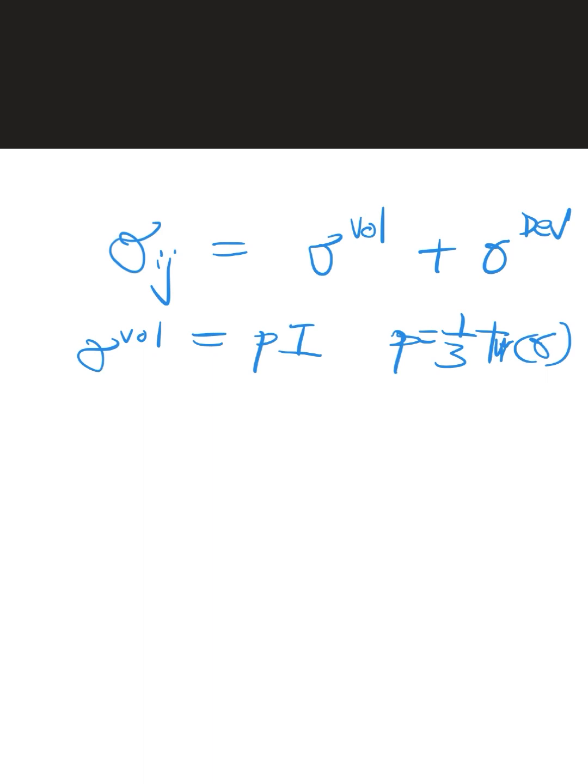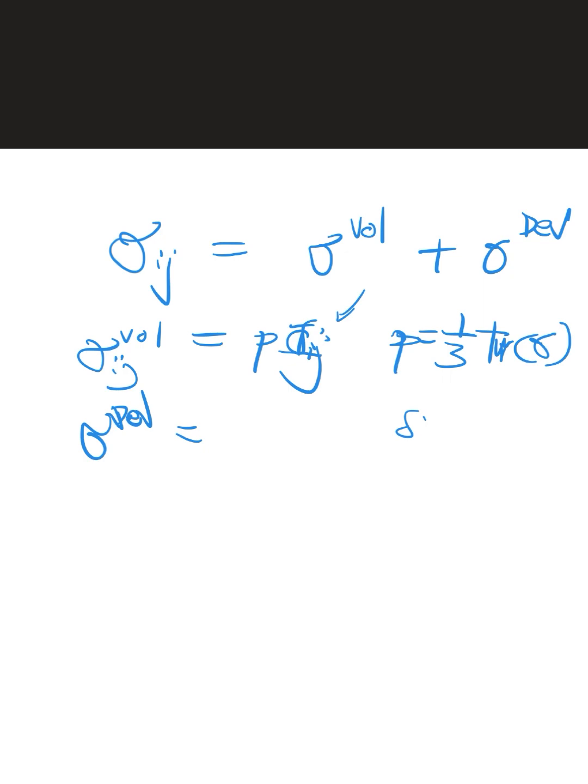Now, what is a deviatoric stress? A deviatoric stress is simply, let me put the ij there, in the index form, I write something like that. So this is the delta matrix.